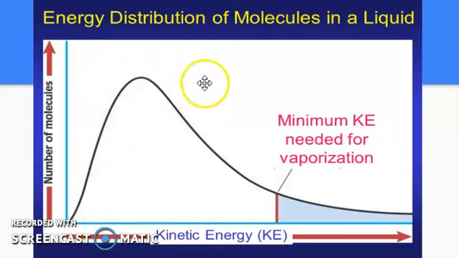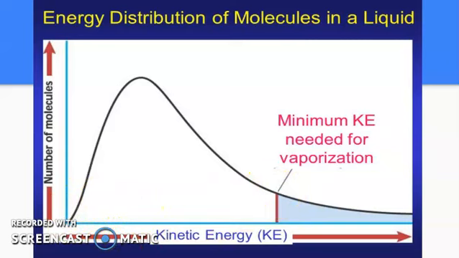The molecules that have the highest kinetic energy are here at the top, and these are probably the molecules that will evaporate first if more kinetic energy is added to the system. And this shows the minimum kinetic energy needed for vaporization. So everything below this, like right here, will not vaporize because it needs more energy.